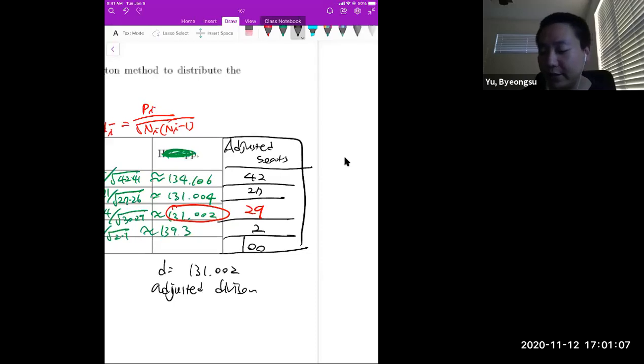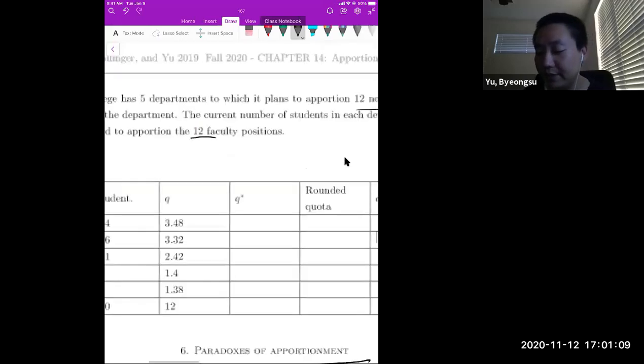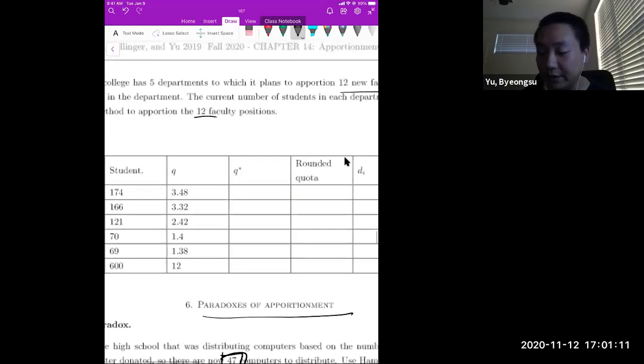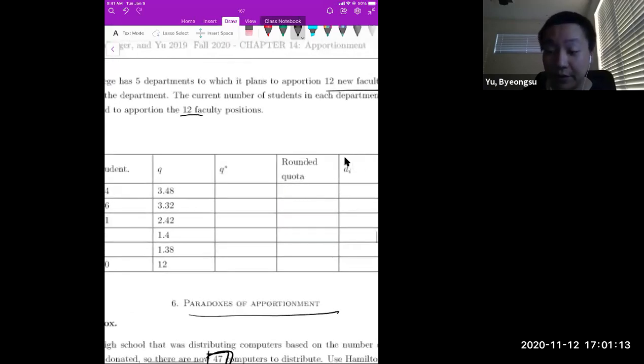Okay, then let's go to the last example. So here again, just calculate Q star, your geometric mean, as usual, what we did in the class. Then what you get is the same number as we did in the class.